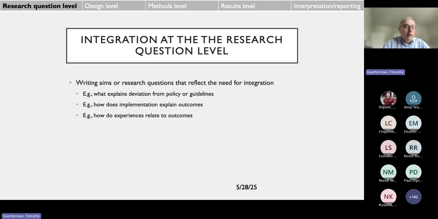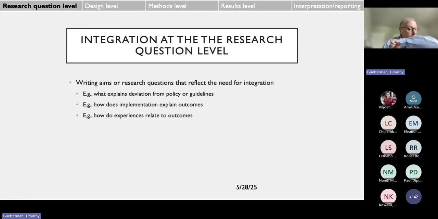So, you have an intervention and you want to know, is there something about how that's implemented that's explaining the results that you're seeing, the outcomes you're seeing? Or maybe your mixed methods question is trying to understand how experiences relate to outcomes. So are there differential experiences?